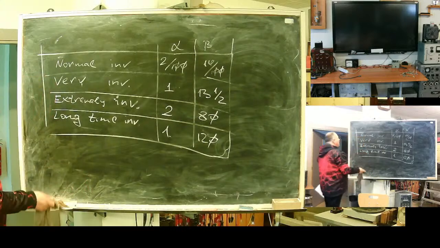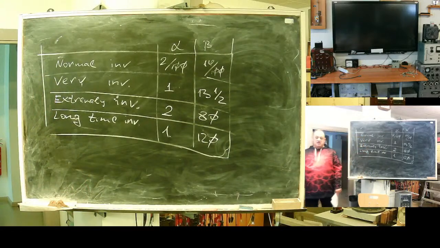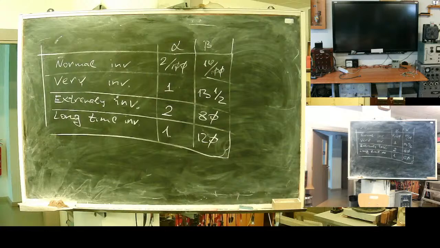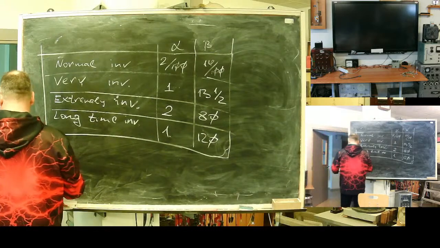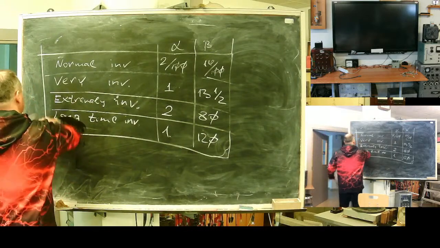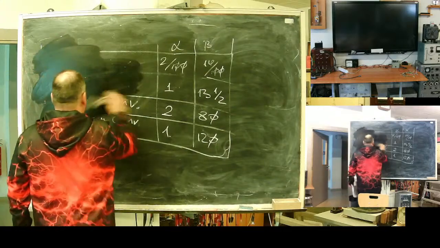It's called RI. The RI characteristic is to match all these aluminum disc relays, induction relays, to match with the induction type of relays.